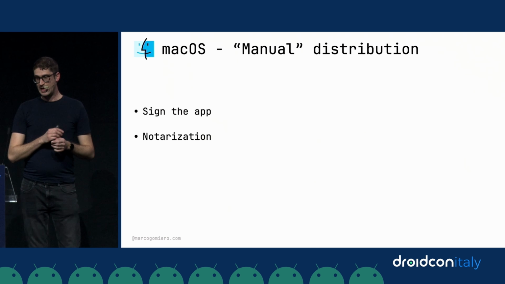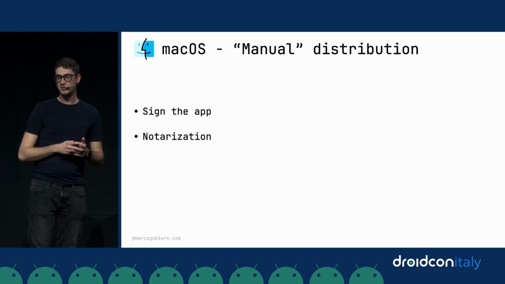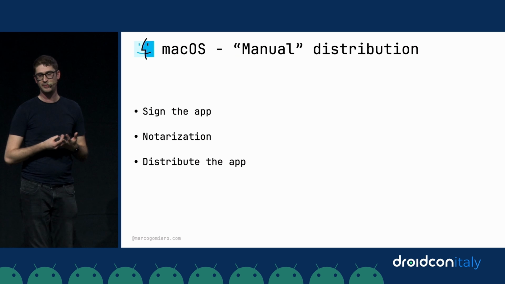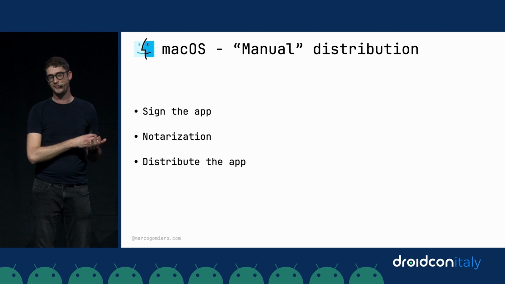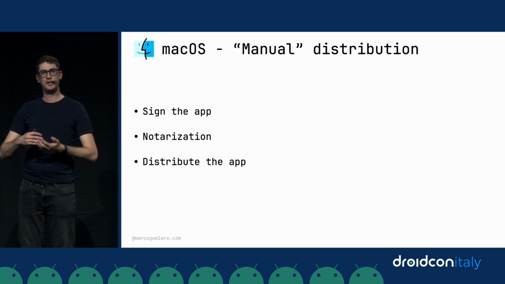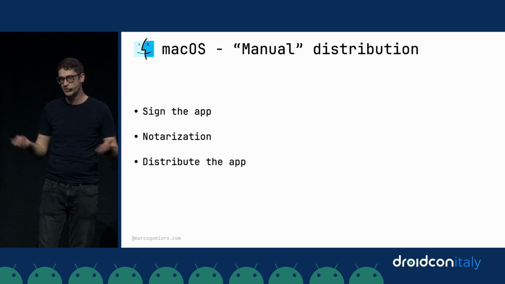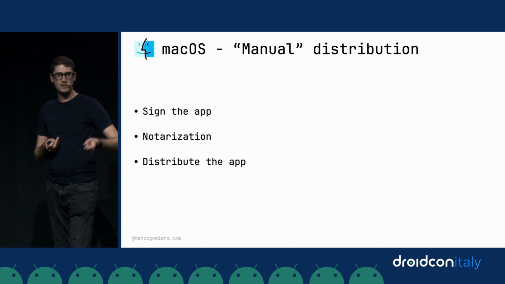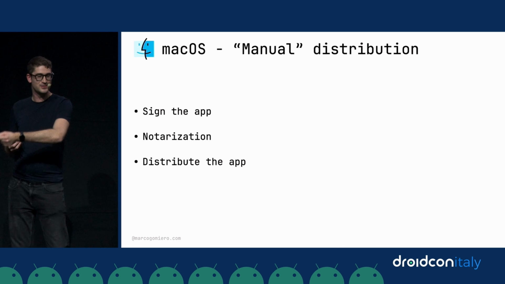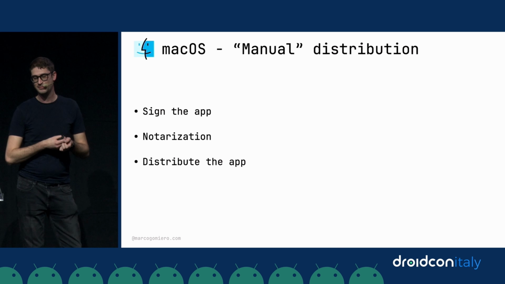After doing the notarization process, you're ready to distribute your app, and you have to decide on a way of distributing, which could be very different. You could upload it to your website, to an S3 bucket, to whatever storage there is for that, or you can just go to your friend with a USB stick. Maybe it's not a growth strategy, but you can do that.